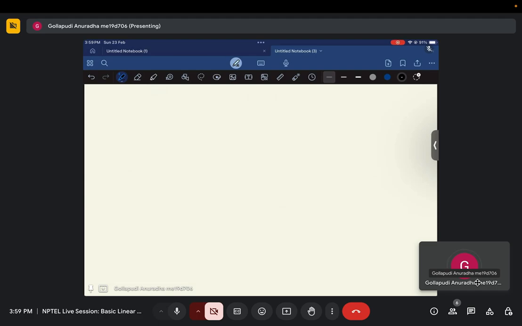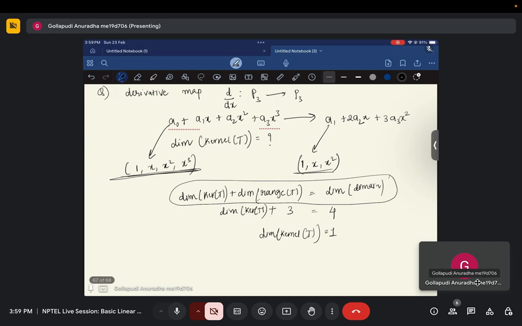Can I try to answer this? I think it will come just from the definition. You write u, the vector a0 plus a1x plus a2x square plus a3x cube. Kernel means all vectors u such that T of u equals 0. So T of u is a1 plus 2a2x plus 3a3x square equals 0. A polynomial equal to the zero polynomial means all its coefficients are zero: a1 is 0, a2 is 0, a3 is 0.